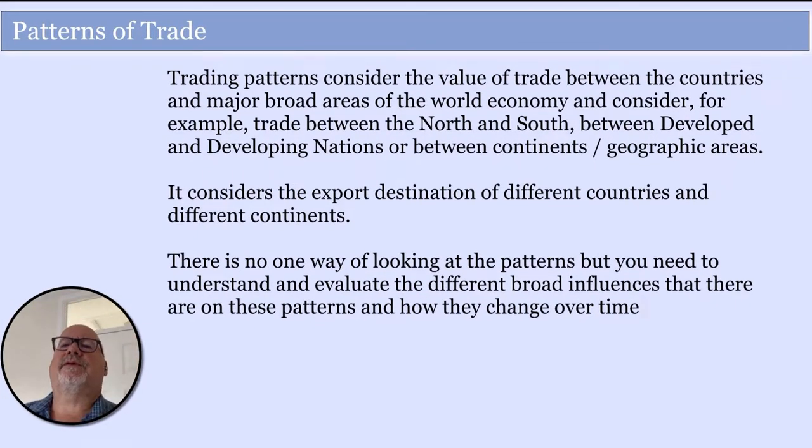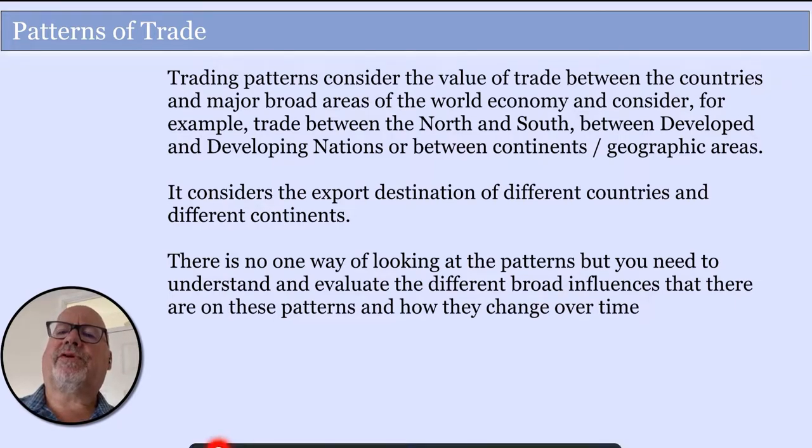So in this video, I'm going to consider this whole idea of patterns of trade, and really consider what is known as the value of trade between countries and major broad areas in the world economy. So, for example, how much trade is going on between the north and the south, between developed and developing, even between continents.